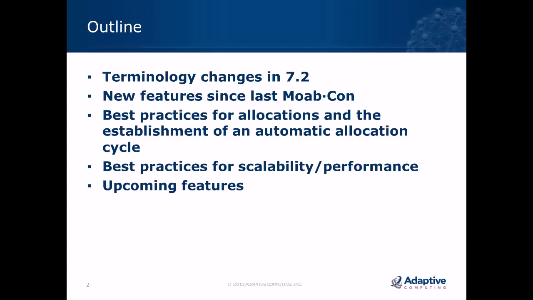We'll talk about some best practices of a new methodology for implementing automatic allocation cycle. We'll talk about some best practices and some work that we're doing in scalability and performance improvements. I know that'll be interesting to some of you. And then we'll finish on features and things that we'll be doing in the future.